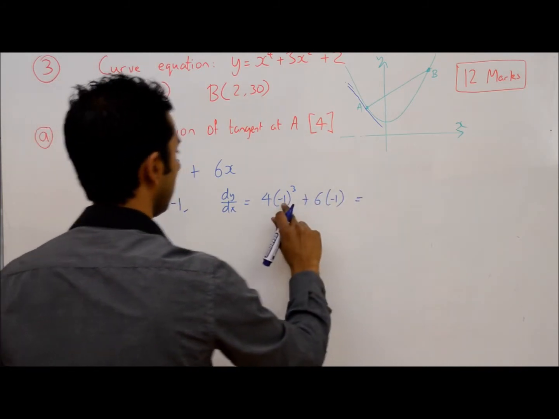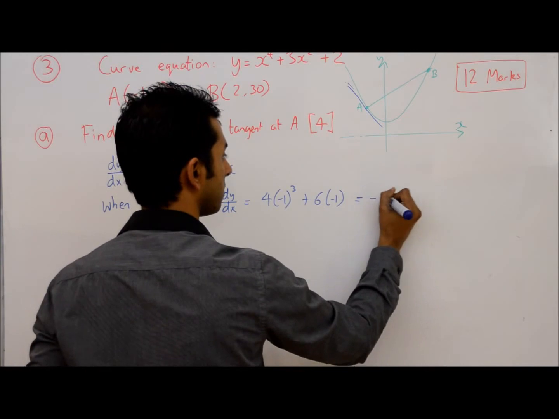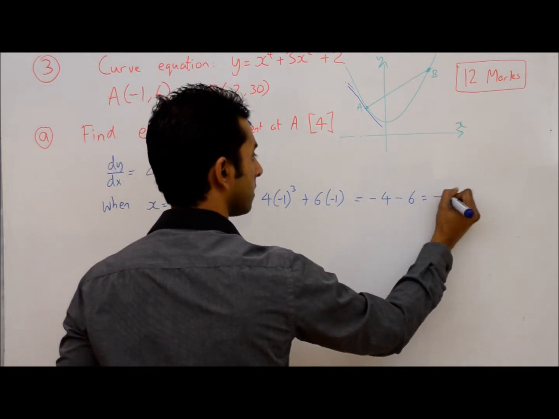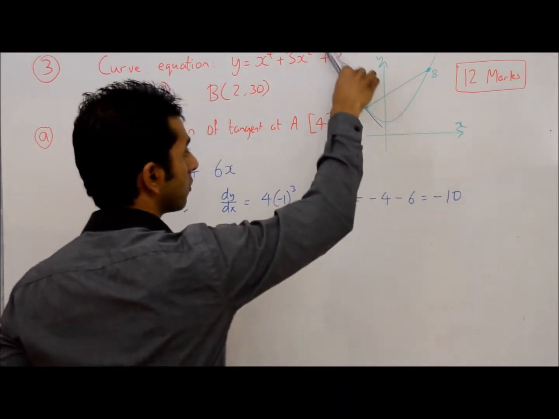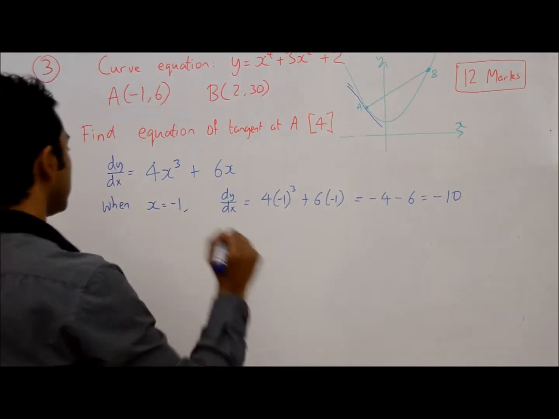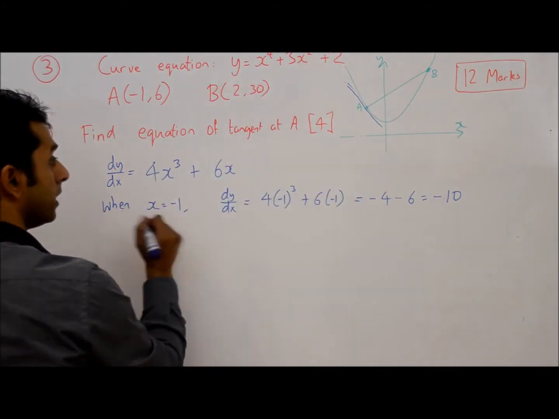So that's -1 cubed is -1 times 4 is -4, and then 6 times -1 is -6. So that's -10. And that looks reasonable because it is going downwards, so we know it's going to be negative. So the gradient of this blue line is going to be -10.